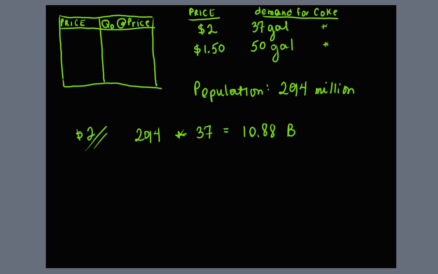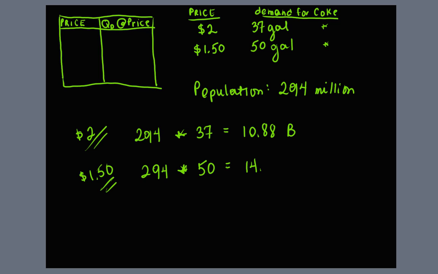At the price of $1.50, I'm going to multiply the population times the amount that a single individual on average will drink of soft drinks, which is 50 gallons. And multiplying that, I get 14.7 billion gallons of soft drinks.